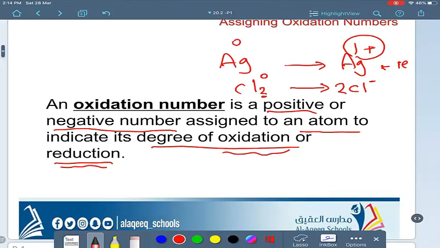At this moment it gains electrons, so we have to write here plus an electron for each one. It means 2 electrons here. It gains electrons and changes into chlorine negative 1 for each chlorine ion. This negative 1 is an oxidation number.